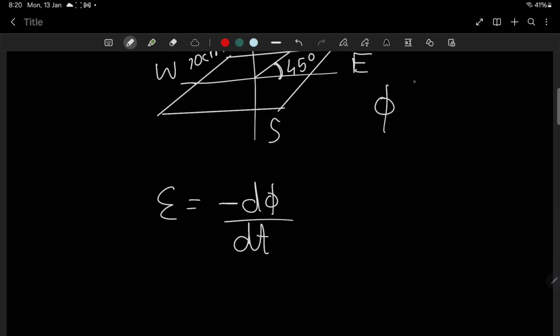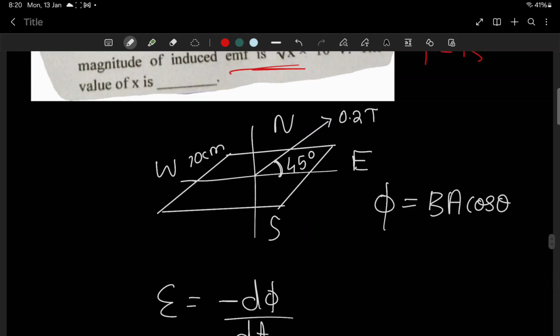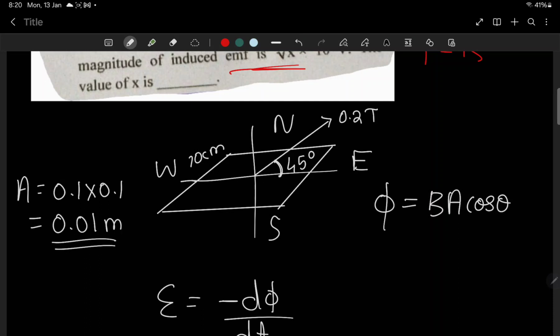What is phi? Phi is BA cos theta. So the cos component of area or the cos component of magnetic field should be taken. Here, look, we have the area. What is the area here? It is 10 centimeters, so I will take it as 0.1 meter. Totally we have the area as 0.01 meter squared.